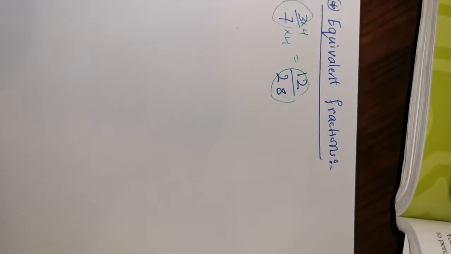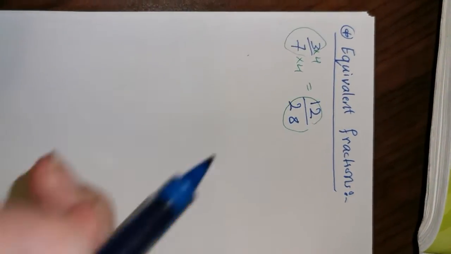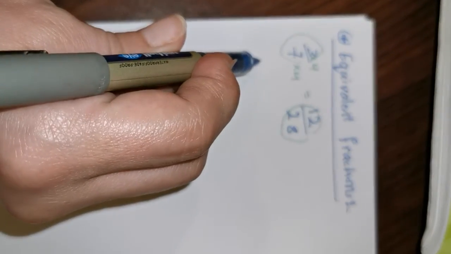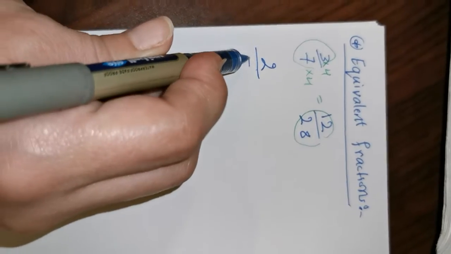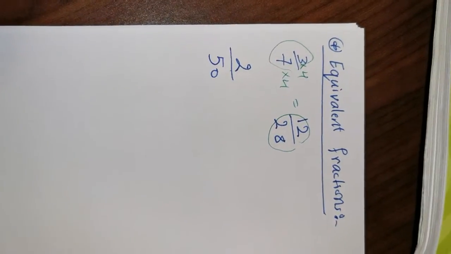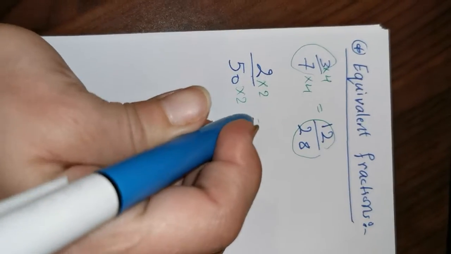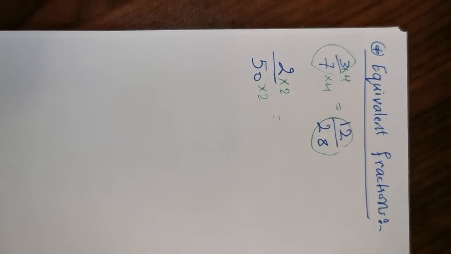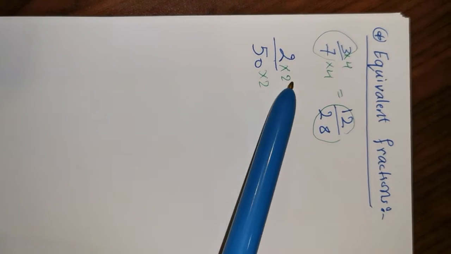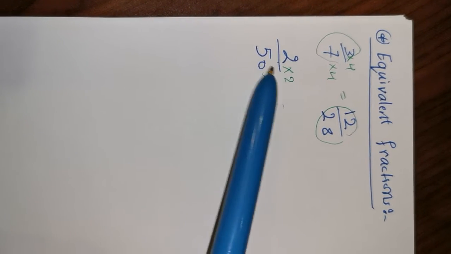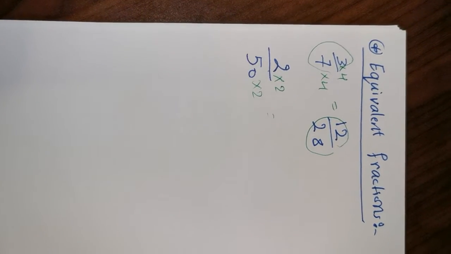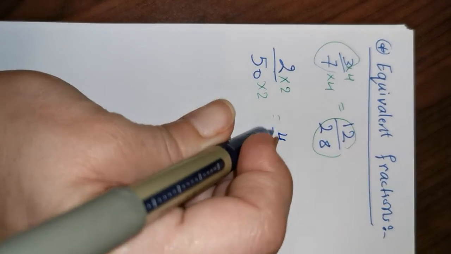One more example. If you have 2/50, you can multiply by 2. You can pick any number, but make sure you pick the same number for both numerator and denominator. You will get 4/100.